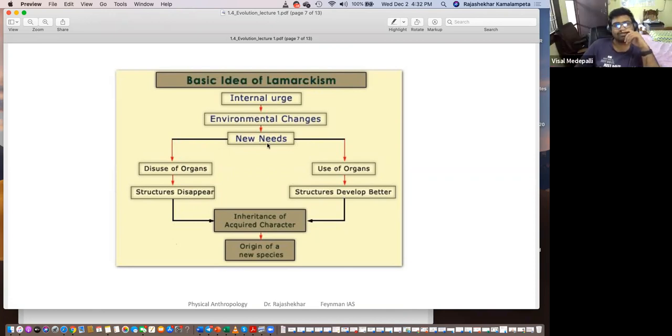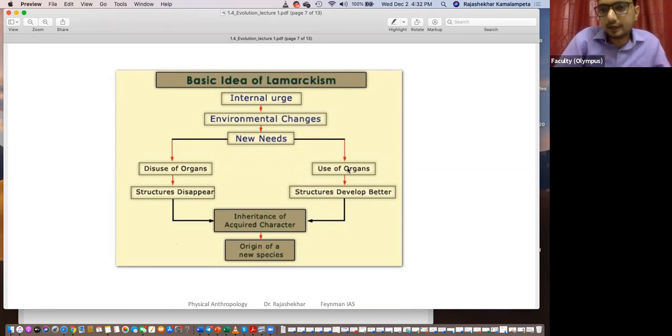So there are two possibilities. From new needs, one, it started using some organs. So structures got strengthened, they developed better. And this was stored in their characteristics, stored in their body. And these got inherited by the next generation, eventually giving rise to new species, like in the example we talked about, from deer to giraffe.